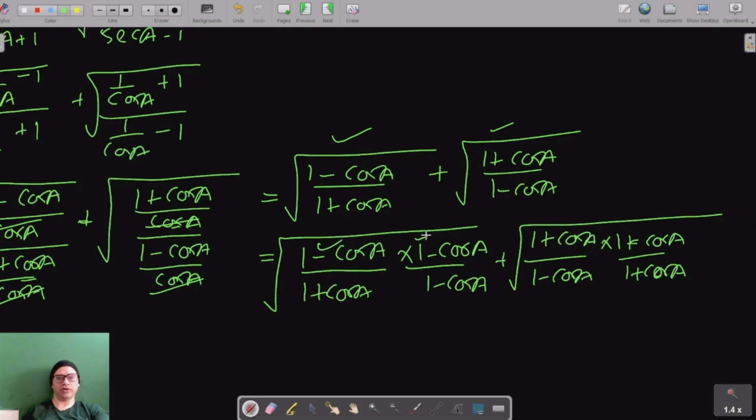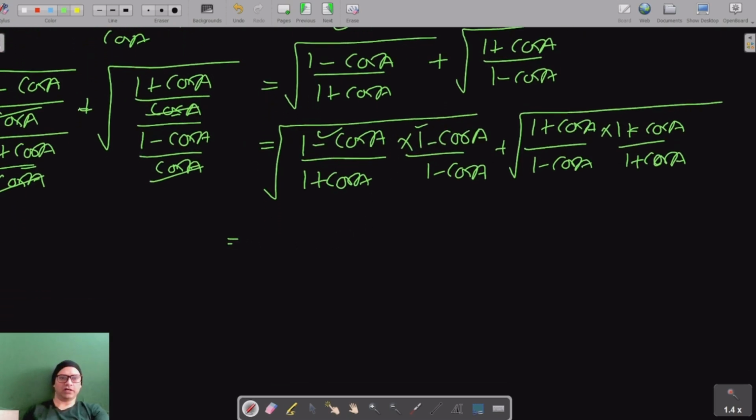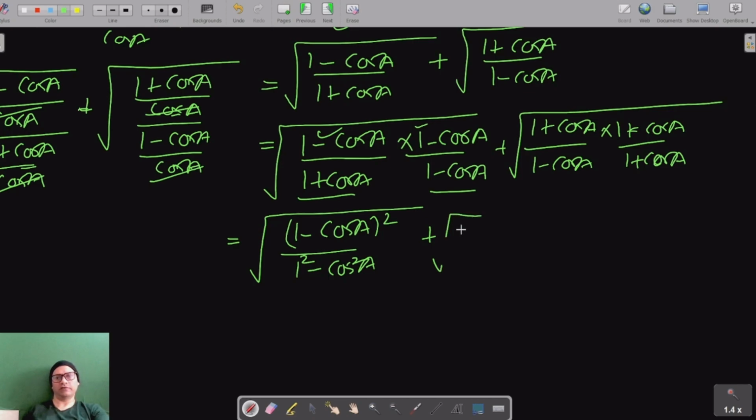Now this is 2 times, so we can write it as (1 minus cos A) the whole square in the root, and this is A plus B into A minus B is A square minus B square, plus this is (1 plus cos A) the whole square upon this is A square minus B squared.